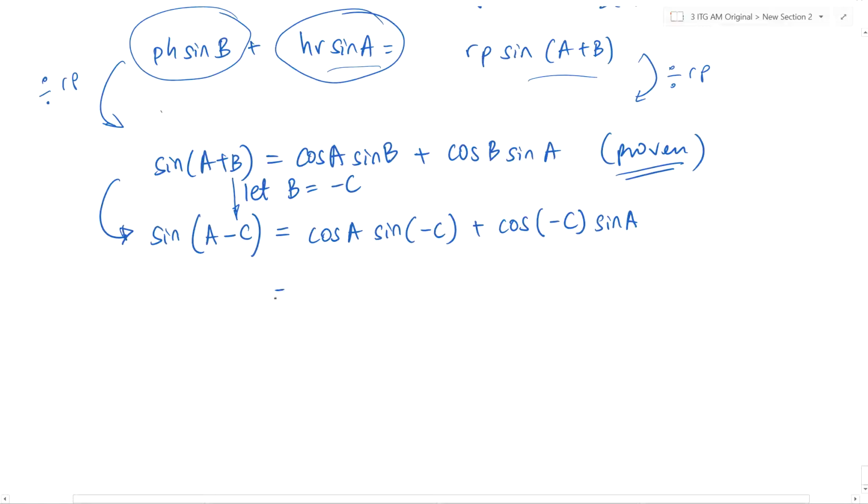Now, tell me, what is the relationship between sine negative C versus sine C? Is there a relationship? They are equal. Don't believe? Use your calculator.